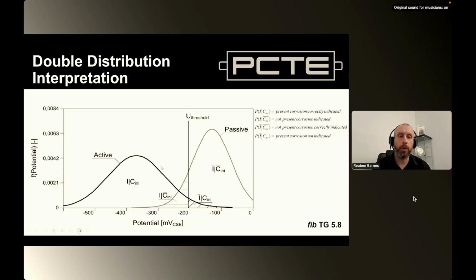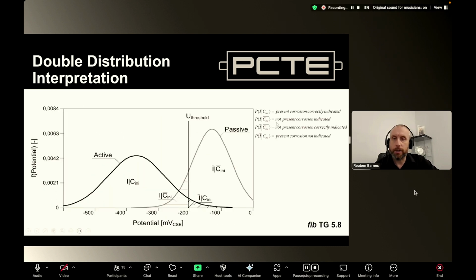That's what we're showing here: our distributions in terms of our voltages or potentials for our active and passive regions, or our anodic and cathodic regions, depending on which terminology you want to use. There is a crossover between them that creates our region of uncertainty. If we take enough readings, then we would start to see this actually coming out of the data.